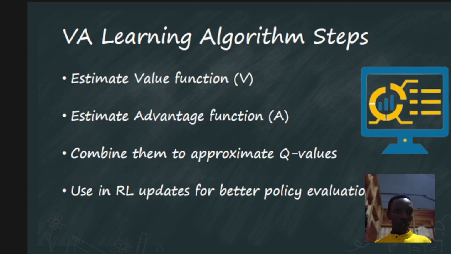Continuing to the algorithm of this value advantage learning. We begin by estimating the value function, like the value of the current traffic situation, how good it is to be in that state.